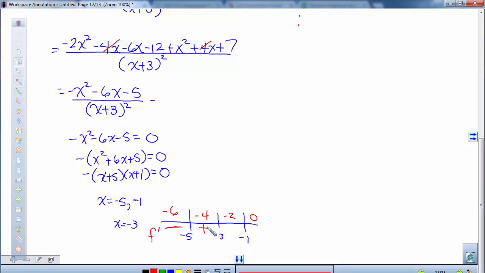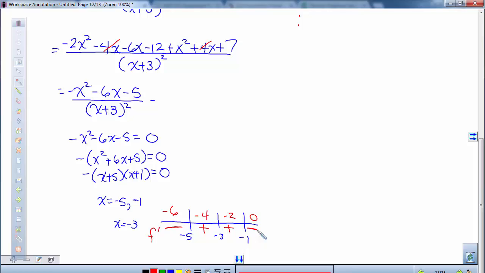Okay, then we got -2 plus 5 is what? Positive, right? And then -2 plus 1 is negative, so this is going to give us positive. Then we put in 0, so we get 5, 1, and then a negative, so negative. All right, so it looks like the function is going to be decreasing and then increasing.